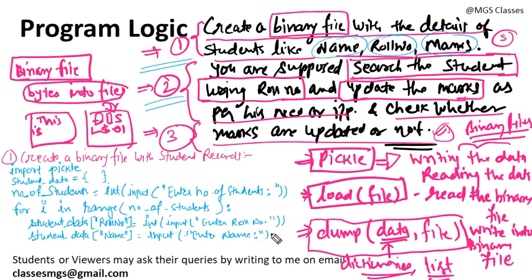Space is a little bit less, that's why I am writing in small letters. student_data, and then I am going to take the marks. Marks can be a floating point number also. Let's try input, enter marks. Okay, this for loop will ensure that 5 student records will be inserted.